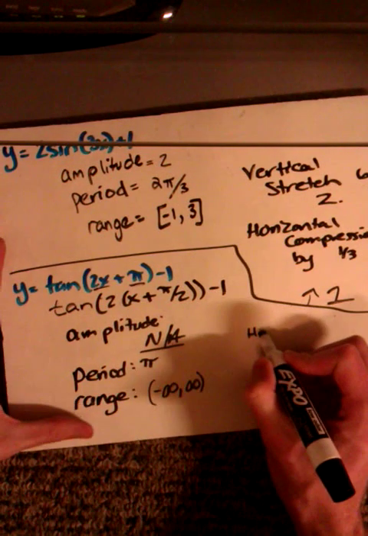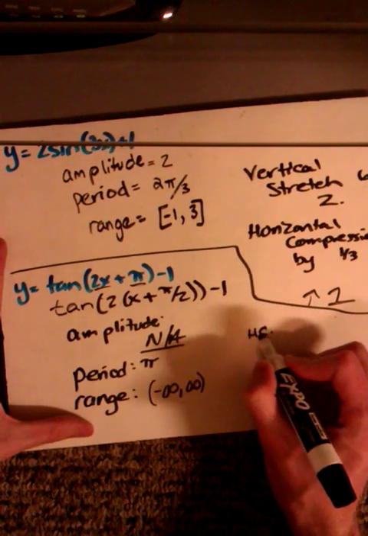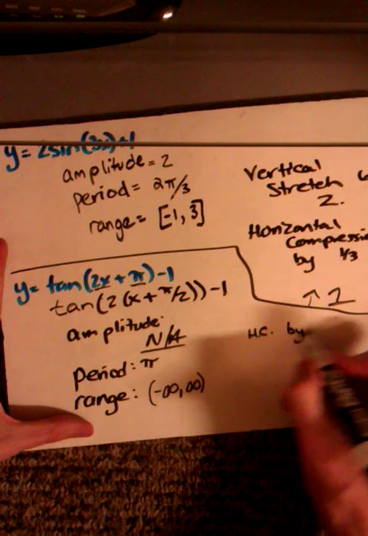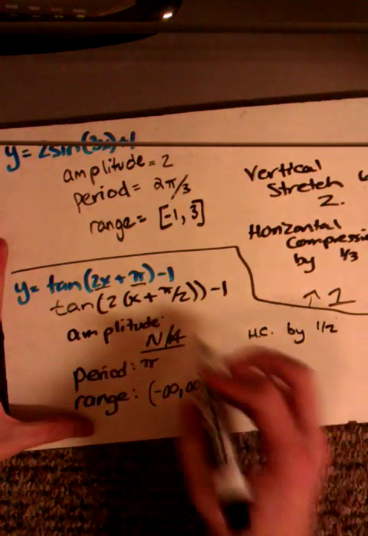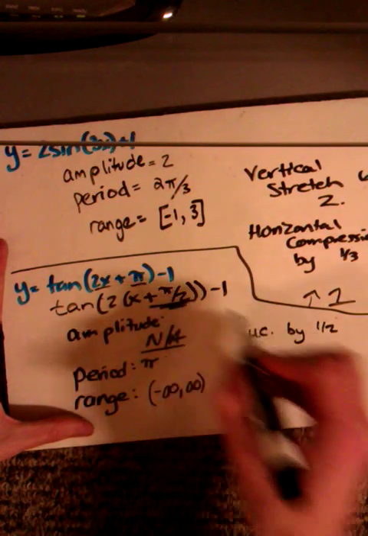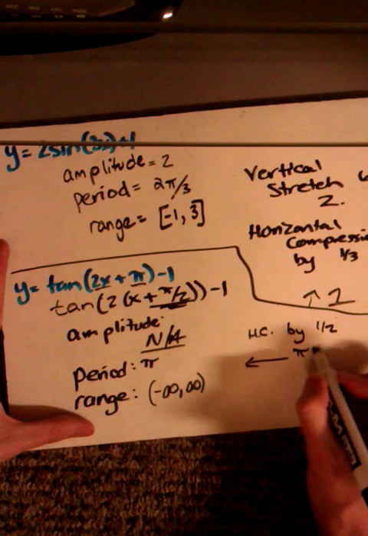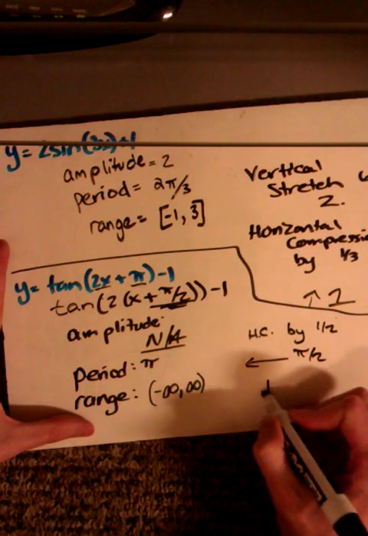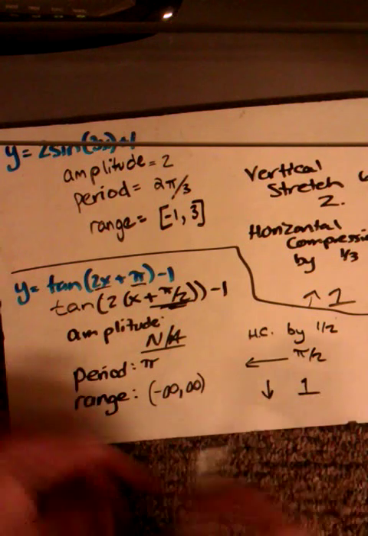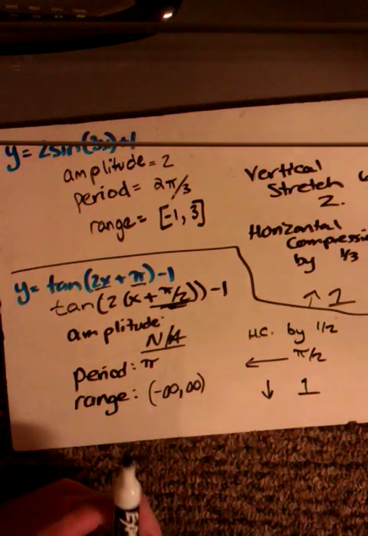We've already said that's a horizontal compression. I'm going to abbreviate that by a half. This number here is a shift to the left pi over 2 units, and the shift down 1 unit. So that'd be all for that one.